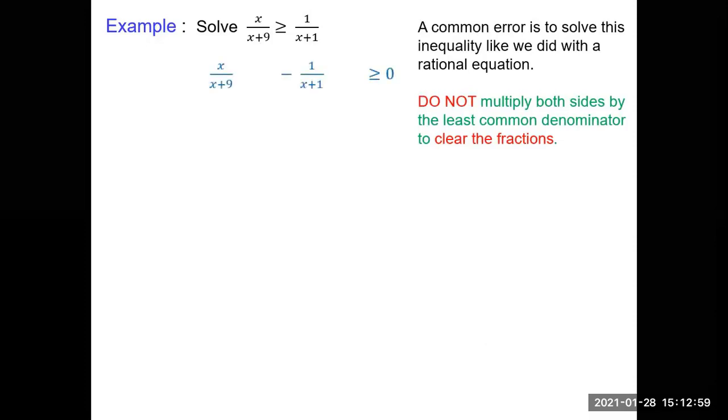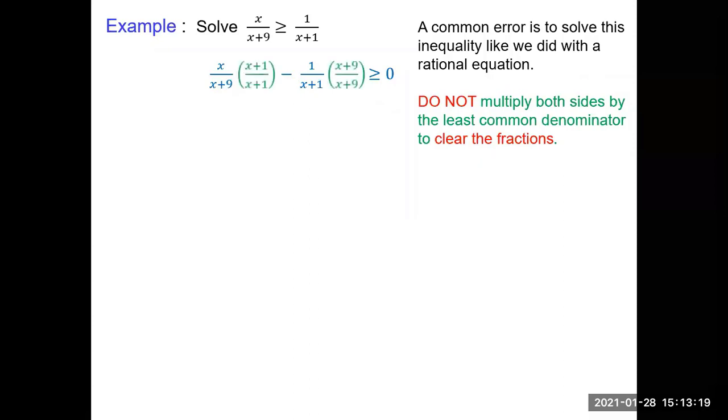And the way we do that is by subtracting the quantity on the right onto the left, so that now I have some function is greater than or equal to 0. We're going to combine these into one single rational function, but the only way to subtract fractions is to get a common denominator. So we need to make sure to multiply the numerator and denominator by whatever factor is missing.